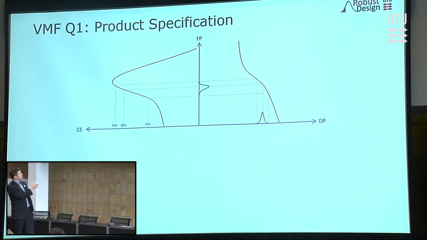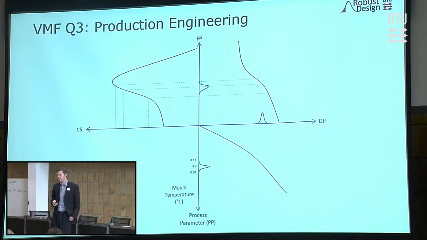So as we vary from the point of max perceived quality, we will have a customer satisfaction reduction. So really the nominal value should coincide with the point of minimum quality loss. We can then track this in the other direction, so we can say, well, we need to achieve a certain value for our design parameters. Then we have a sensitivity of our production process parameters in order to achieve them.